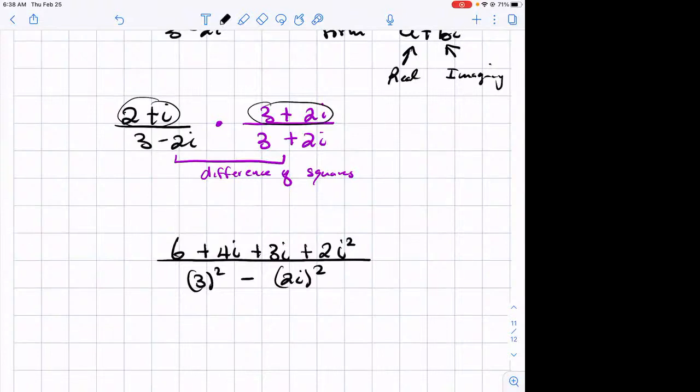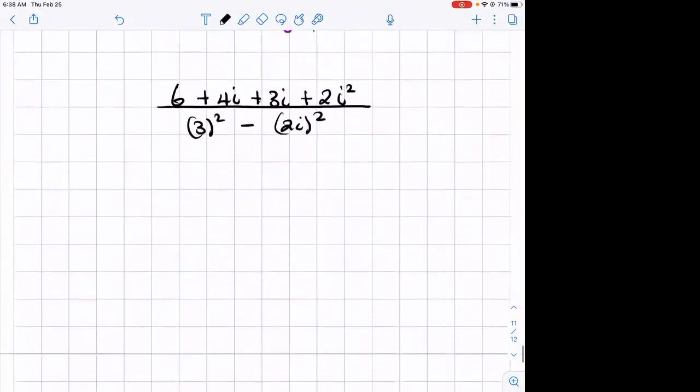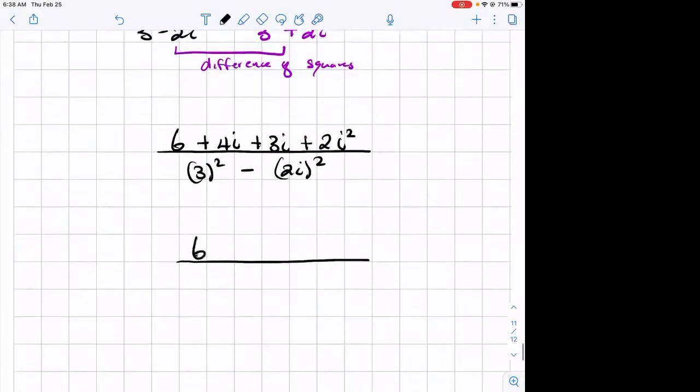You know how to FOIL. Simplifying and combining like terms, we have 6 in the numerator. Combine the like terms: 3i and 4i becomes plus 7i, plus 2, and i squared is minus 1.